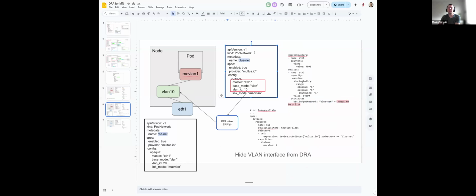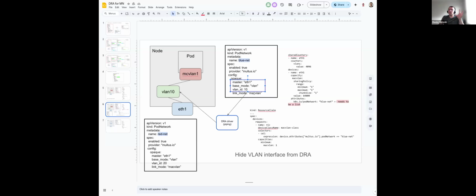But then if I have a list, my driver has to reach out to the API server, to the pod network, to know, oh, you want pod network blue, what VLAN ID is it? 10. So basically your driver has to go to the API to capture the pod network, look into it and get the VLAN ID.